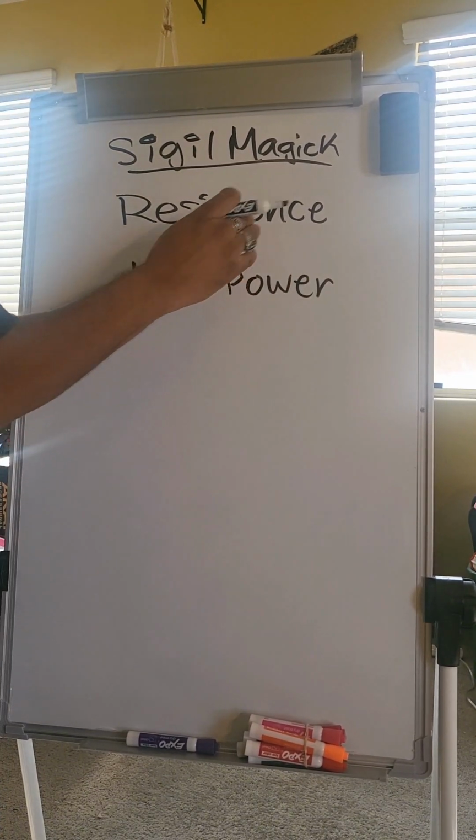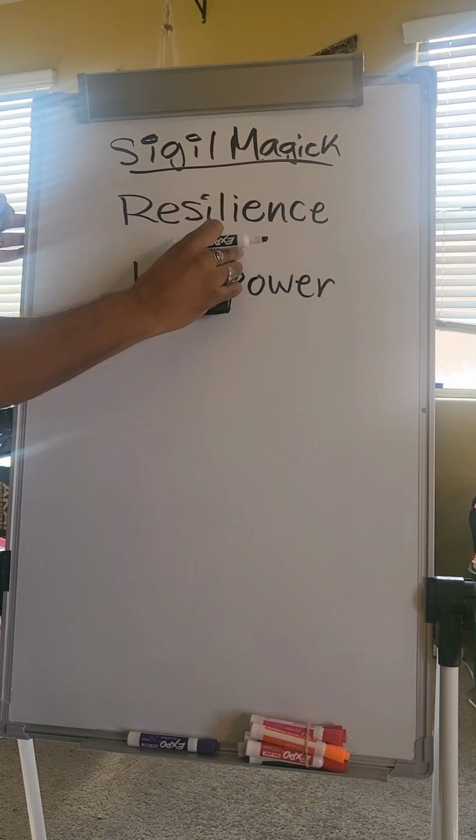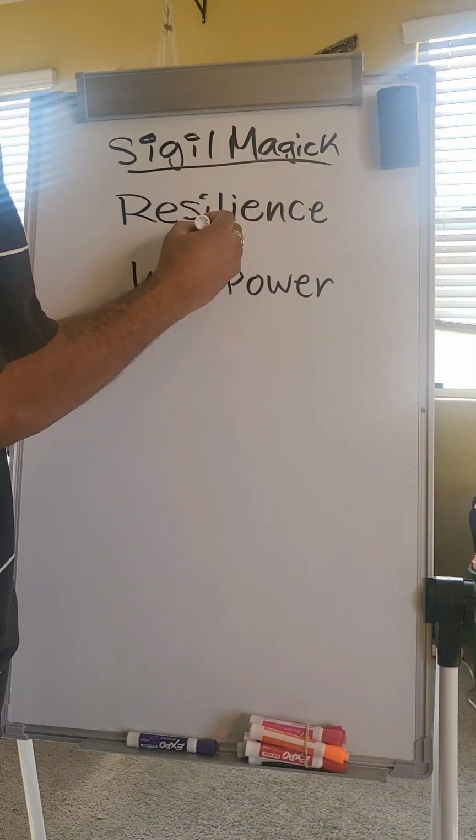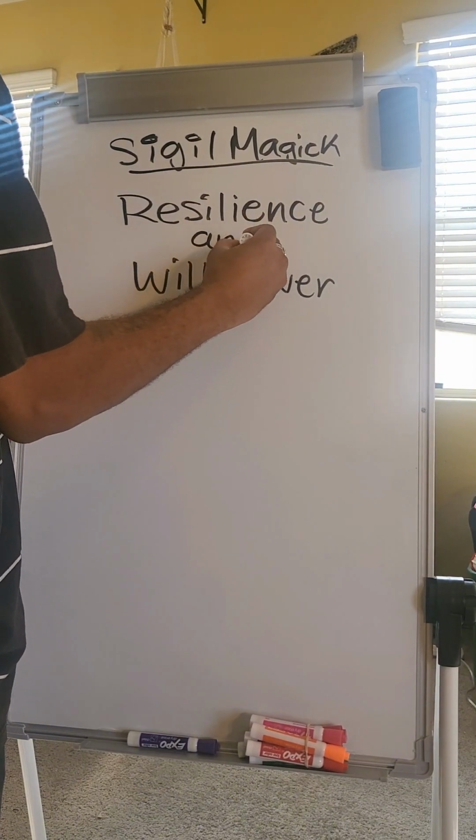Okay? And let's turn this, I know I'm using kind of the symbol for and, but let's go ahead and turn it in just to the word and, all right?